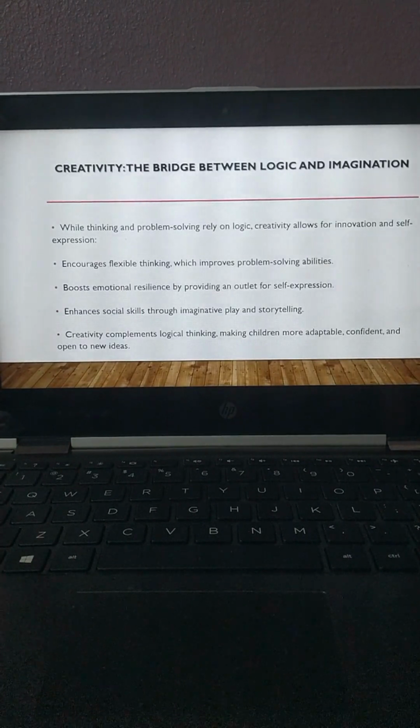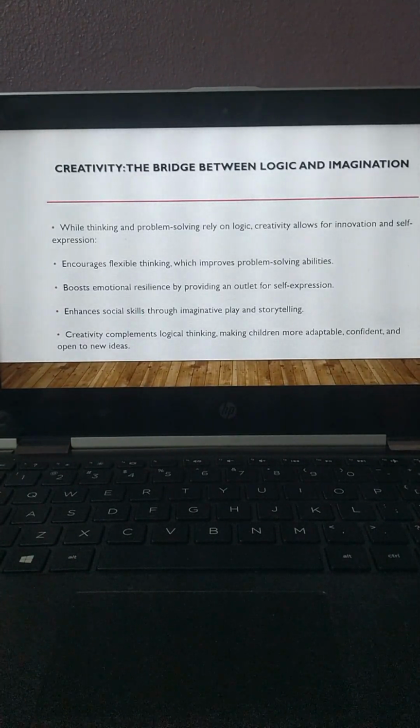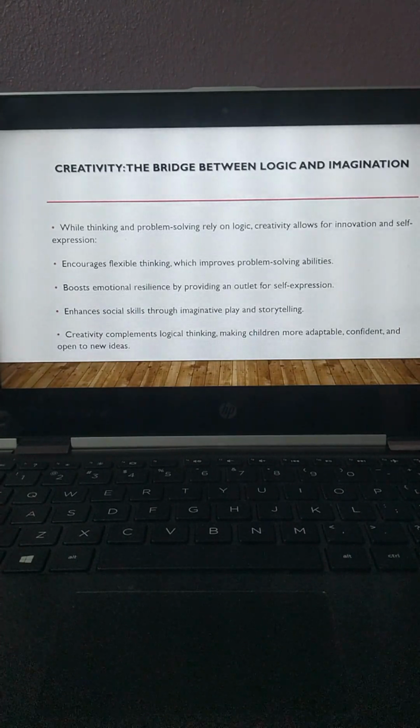And creativity, we said it encourages flexible thinking. Children are able to think outside the box, even in their very little way. It boosts their confidence, emotional resilience, it enhances their social skills through imaginative play and storytelling. That is why in some primary schools, children are allowed to engage in activities like play or storytelling.